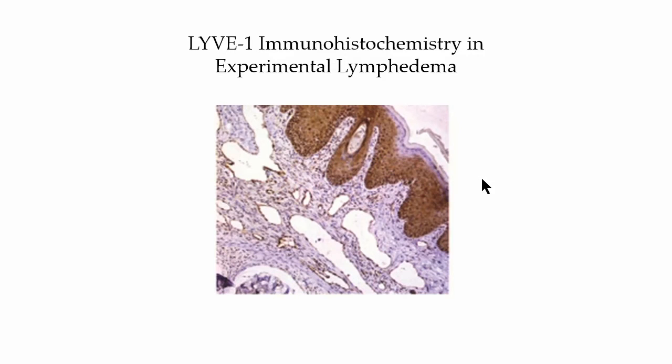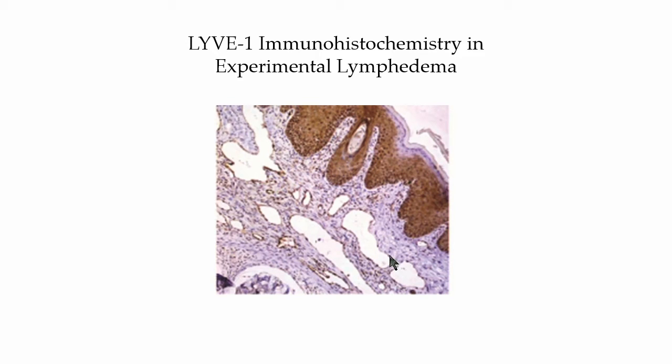I just want to show you how we use this particular staining. This is from my own work in an experimental model of murine lymphedema, and here we're looking at a cross-section of skin. Now, there is a lot of non-specific staining of the keratinocytes by this anti-LYVE-1 antibody, but I want you to pay attention to these very large, irregular, and numerous vascular structures that are present in the dermis that are clearly LYVE-1 positive.